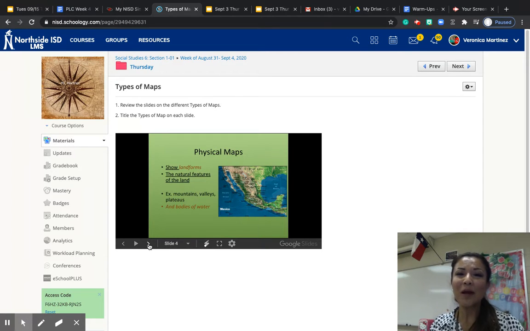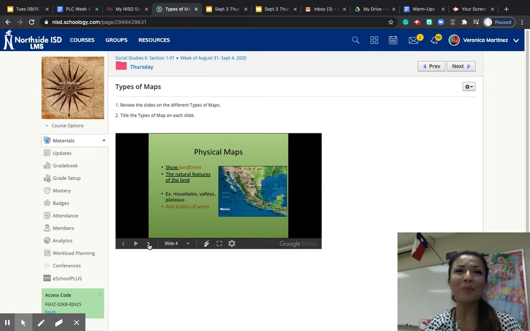A physical map, think of it like this. So when you were born, you have arms and legs and eyes, a head, a neck, right? Your fingers. Those are your physical features. Well, think of it like this. The earth, when the earth was born, it was also born with physical features.